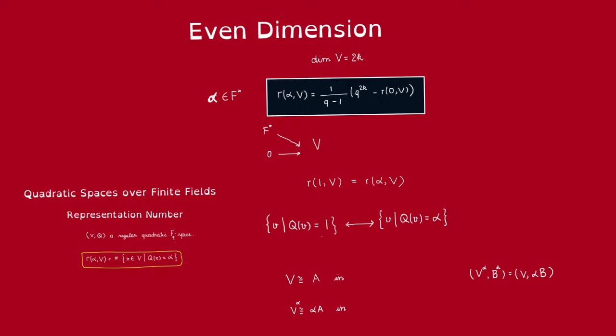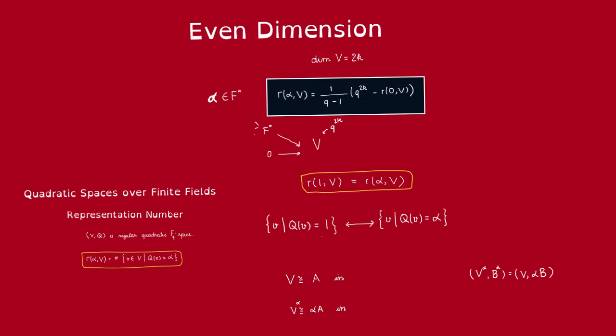What we mean is that if we can show that the number of representations of any non-zero elements of F are the same, like this, then we can deduce this equality. And why is that? Well, every element of V either represents 0 or represents some non-zero element. How many elements does V have? Well, V is of dimension 2k, so we have q to the 2k vectors.